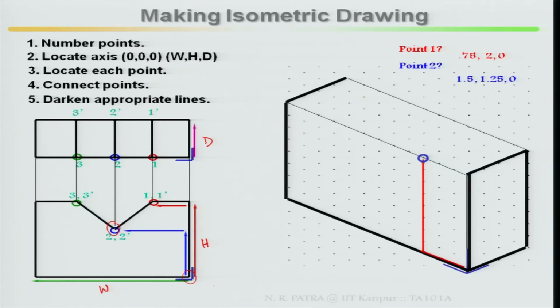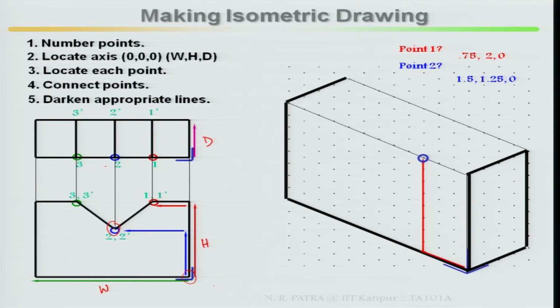Then similarly start with point 2. Point 2 is 1.5, this distance from here to here is the width, again 1.5, height 1.25 and depth is equal to 0. Depth 0 means 1, 2, 3 is the front face. Depth-wise it will continue.